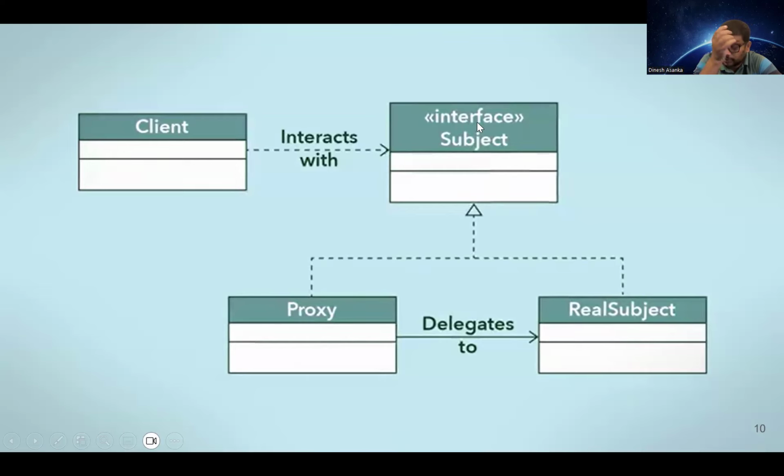If you remember, when you are implementing an interface, you have to implement the methods in the concrete classes, which are the proxy and the real subject. Now when the client interacts with the interface, it goes to the proxy, and if needed, it will delegate the actions to the real subject class. So this is a high-level overview of the proxy design pattern.